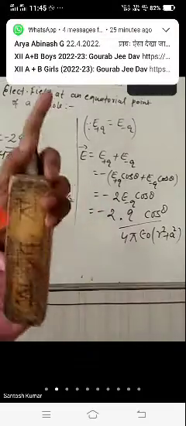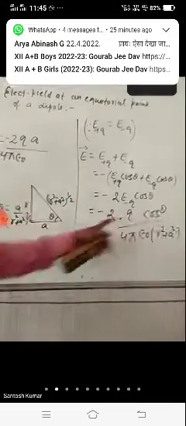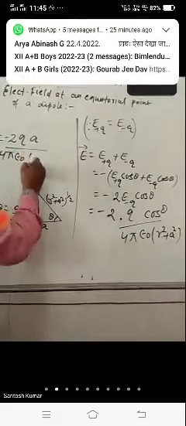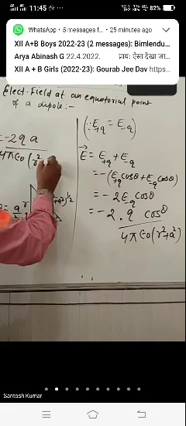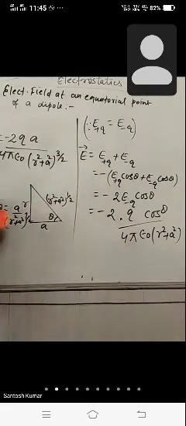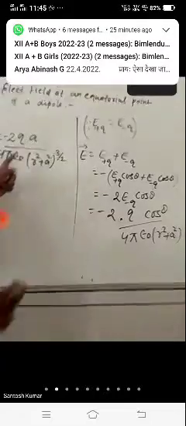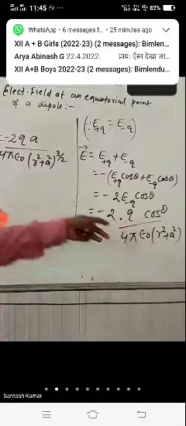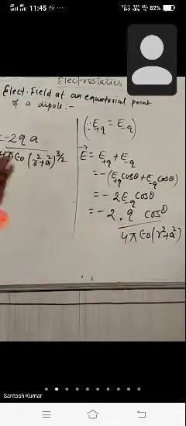So r square plus a square, and this is half, means 1 and half, 3 by 2. So this is r square plus a square power 3 by 2. Just see, this is the final calculation which we have substituted the value of cos theta and then we have obtained this value.